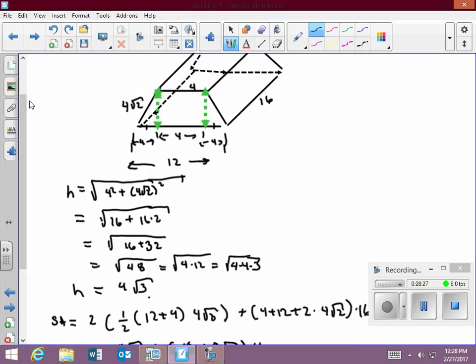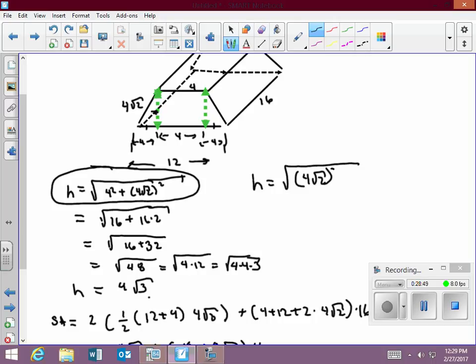This right here is wrong, because that would be the hypotenuse. This is one of the legs. H equals the square root of hypotenuse, 4 square root of 2 quantity squared, minus 4 squared, right?